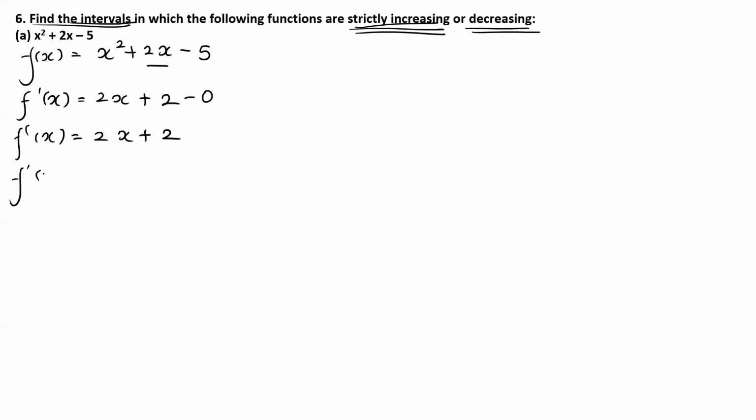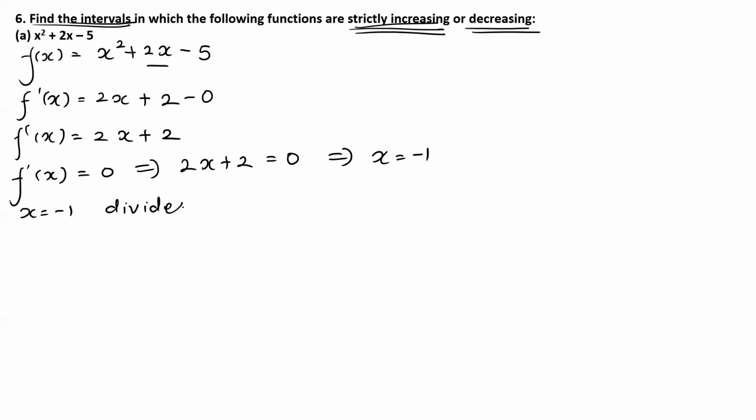Suppose it is 0, that means 2x plus 2 is equal to 0, so 2x is equal to minus 2, and x is equal to minus 2 by 2, x is equal to minus 1. That's how we get it. That means this x equal to minus 1 divides the real line into two intervals.